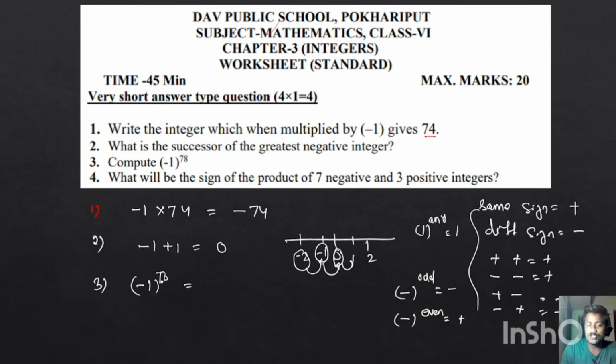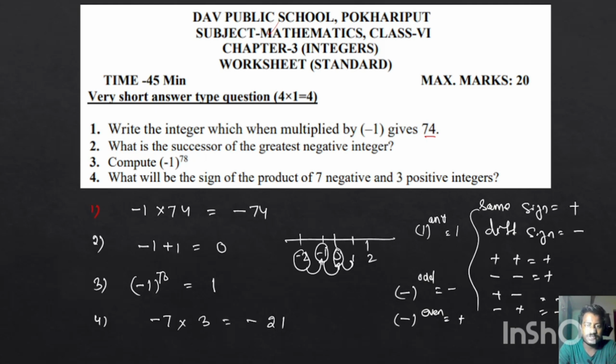So minus to the power even is plus, and 1 to the power 78 is 1. So the answer is plus 1. Understand? Now question number 4. What will be the sign of the product -7 into plus 3? Different sign, so minus, and 7 times 3 is 21. So the answer is -21, right?